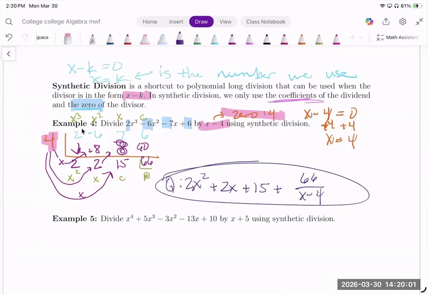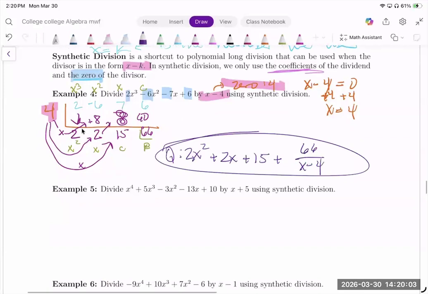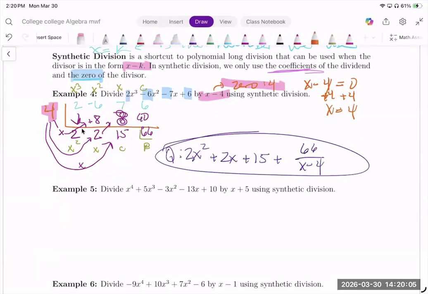So let's practice another one. The setup, right? We have this upside down situation. Then we have the coefficients of all of the terms, making sure that if there are any missing terms, you put a 0 placeholder.